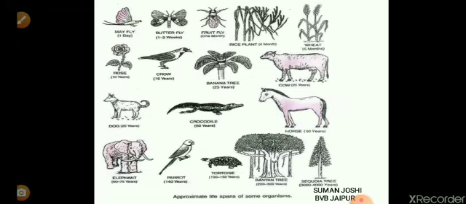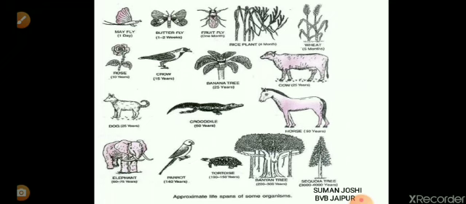We can also see the other examples of different organisms and their lifespan. One more example I can show you, the banyan tree and the peepal tree. That is, banyan tree is Ficus bengalensis and the peepal tree is Ficus religiosa.